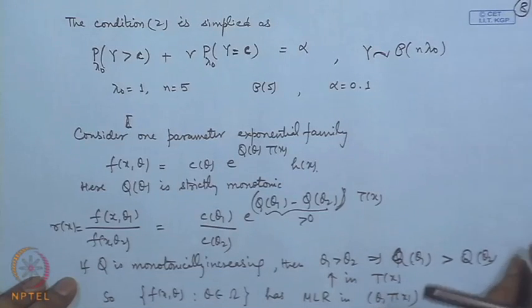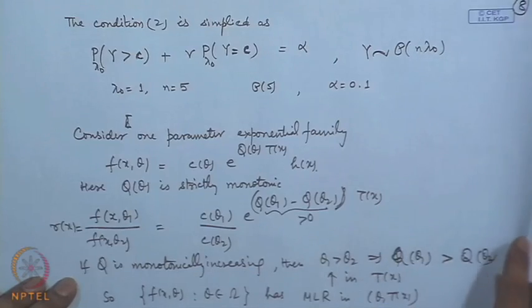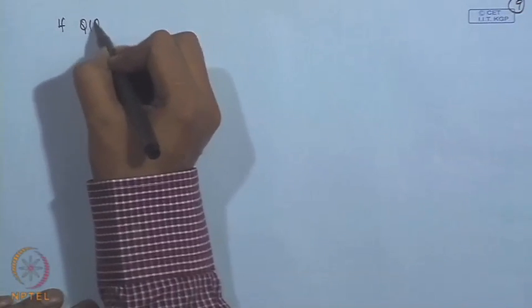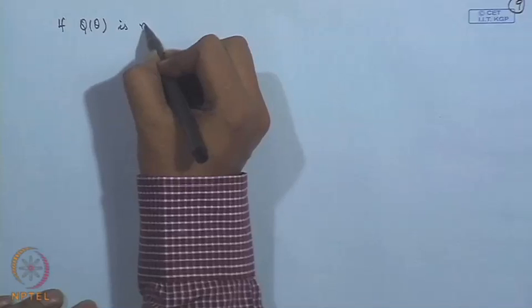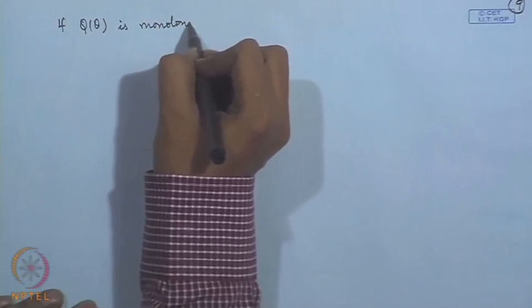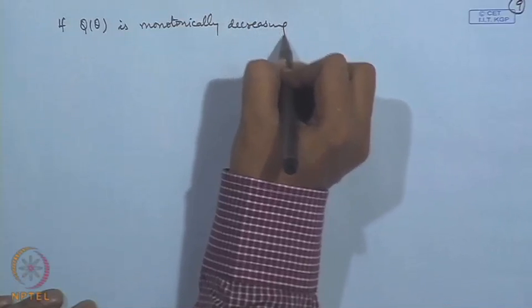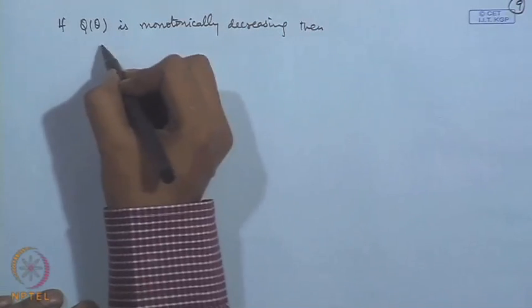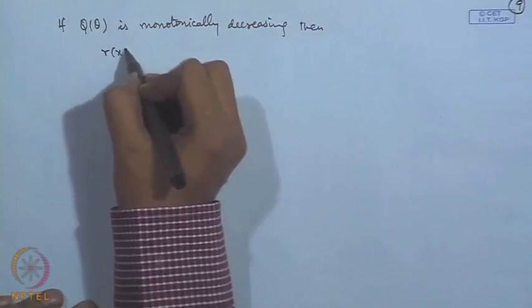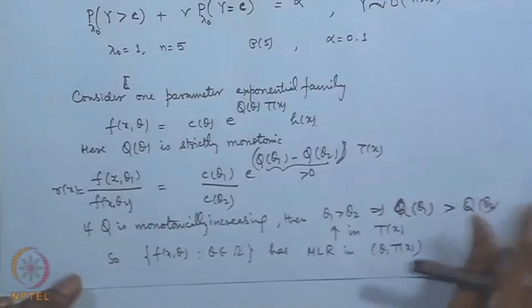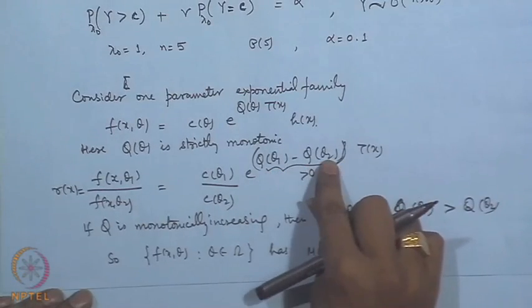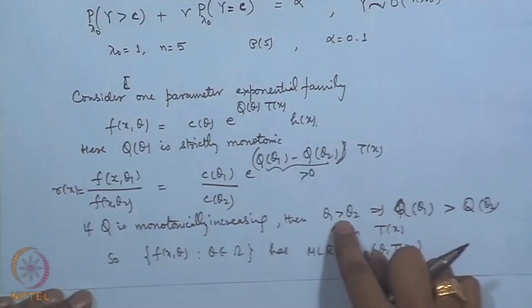On the other hand, if I consider q theta to be monotonically decreasing, then in this ratio, q theta 1 will become less than q theta 2 if theta 1 is greater than theta 2.